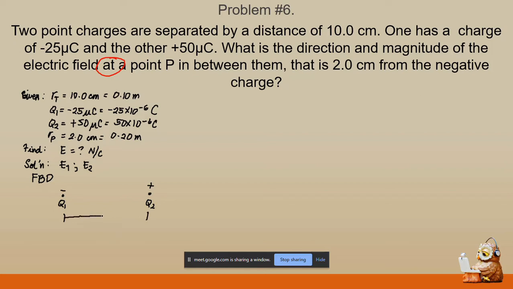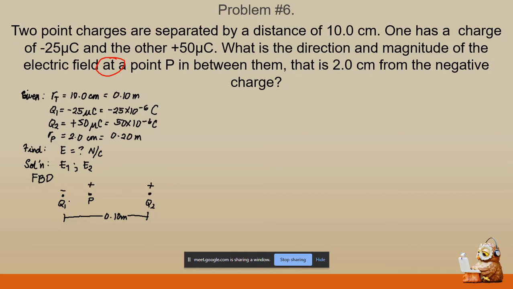meter. We have our point P in between. And the distance between the point P and the negative charge is 0.20 meters. It will be around here. And this is always positive, right? A test charge is always positive.